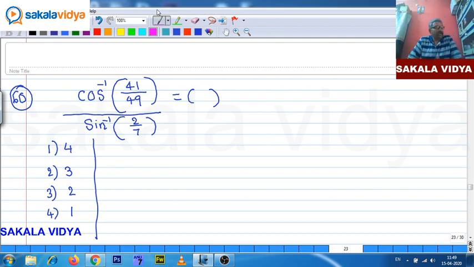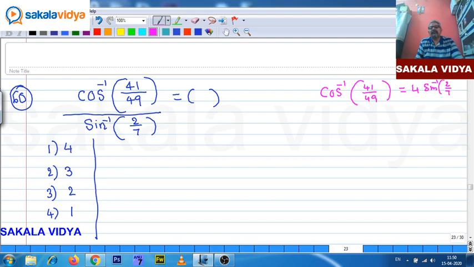So, in this question we need to observe the options. The options will give us the idea to crack this problem. If you see the options, first option is 4, second option is 3, third option is 2, fourth option is 1. So, if the first option is 4, for example, this cos inverse 41 by 49 should be equal to 4 sin inverse 2 by 7.